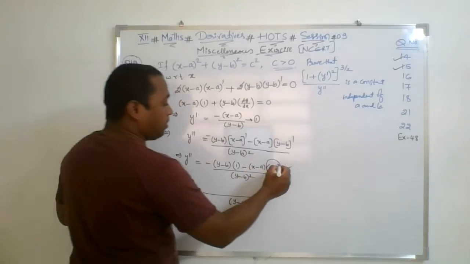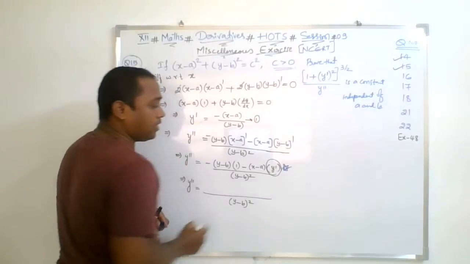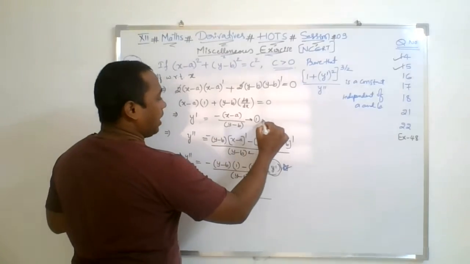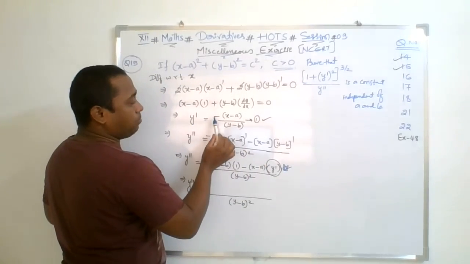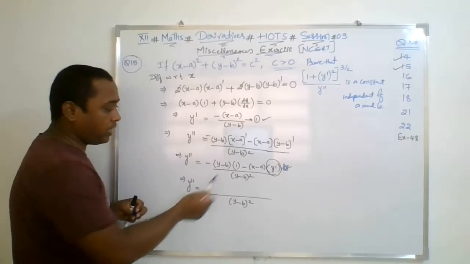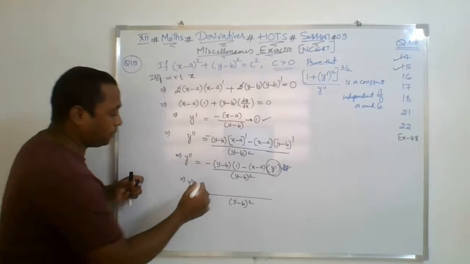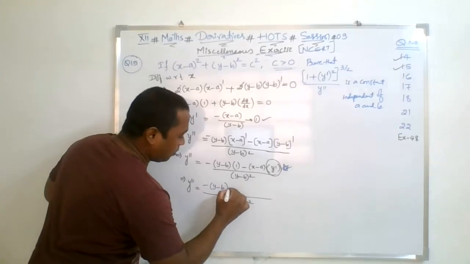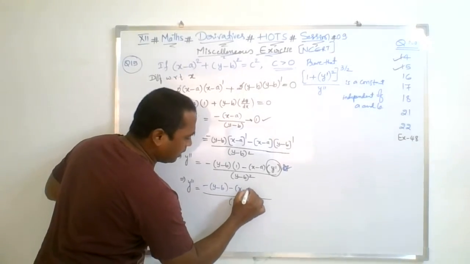So you need to remember this type of hints in between the solutions. So what is the y dash value we have? y dash value is minus of (x minus a) by (y minus b). I am just doing that only. See, minus (y minus b) into minus (x minus a).